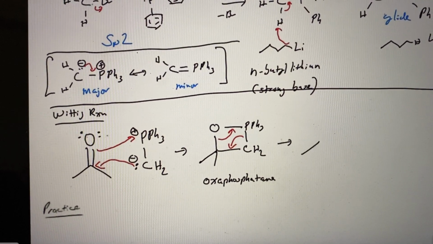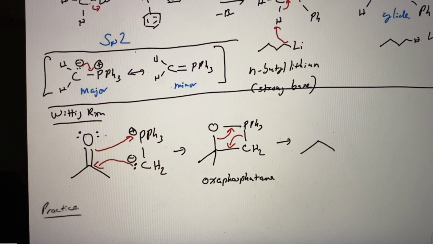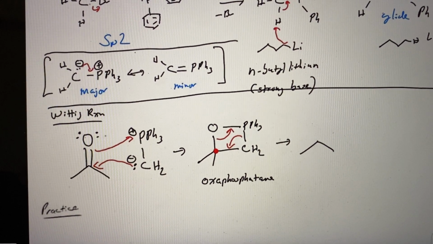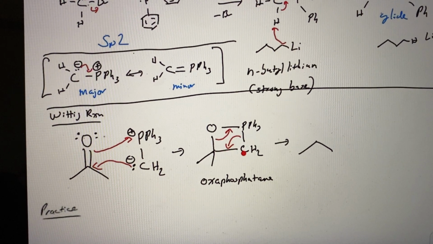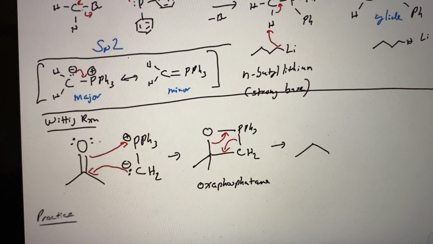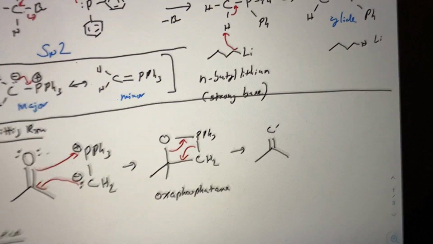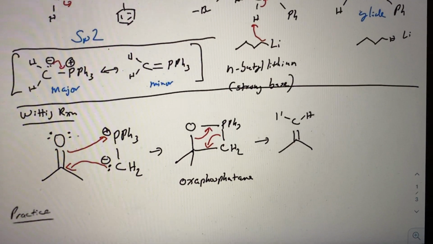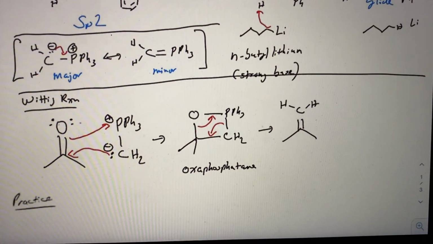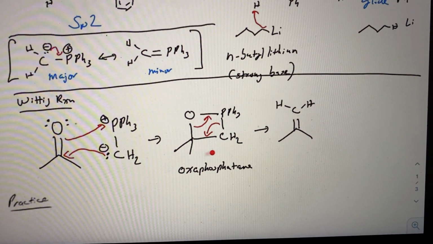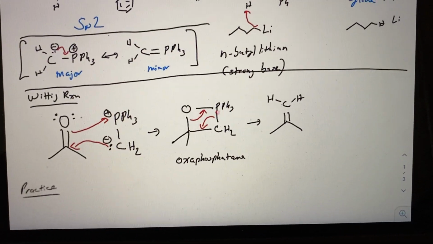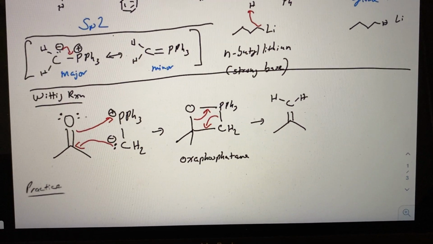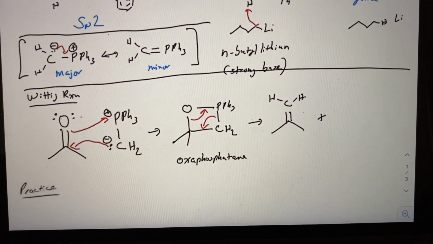So what this leaves us with is this carbon here bonded to these two methyl groups. Now it's going to have a double bond to that species, that's CH2. I'll put the carbon there to help show it. And then on the other side, so that's this bottom part here, we're going to end up with PPh3 with a phosphorus-oxygen double bond.